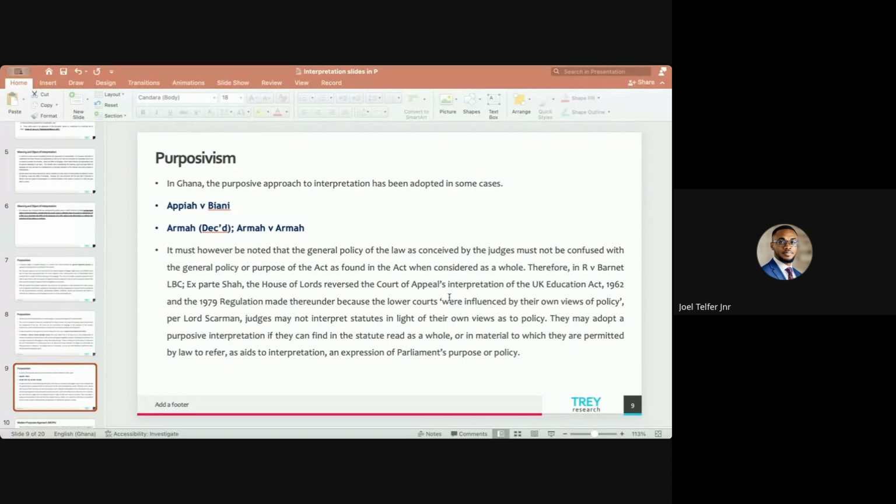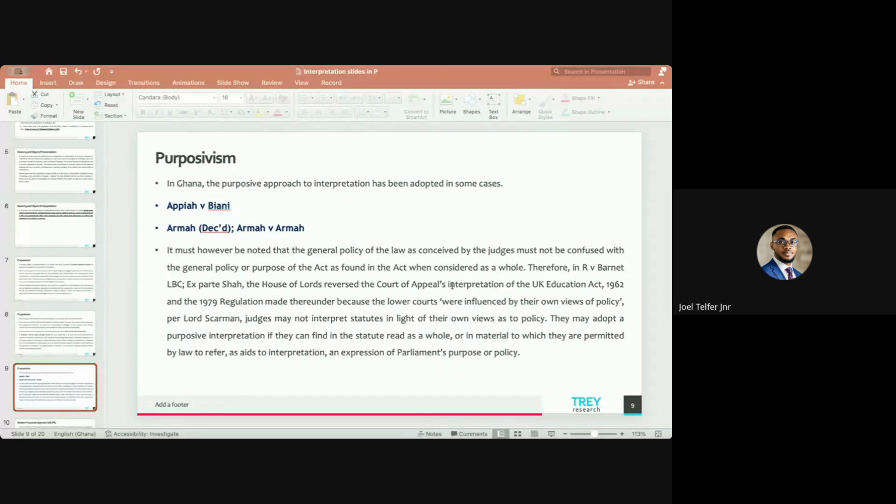And so the court, in applying the purposive approach, understood the general legislative intent of the lawmaker at the time of the enactment and gave effect to same, to construe an uncompleted building as one which could be considered as a house within the contemplation of Section 4 of PNDC Law 111.